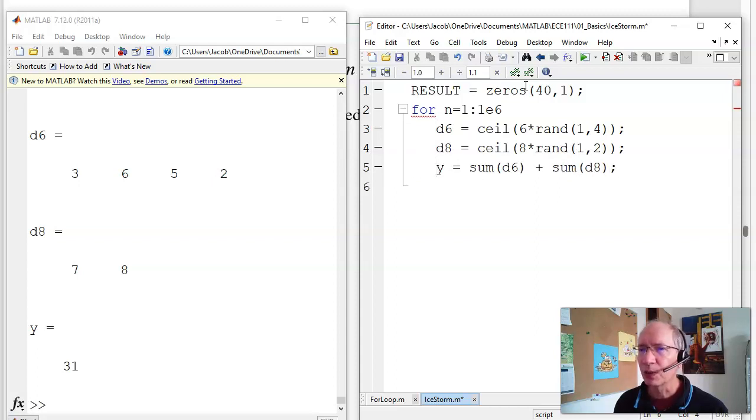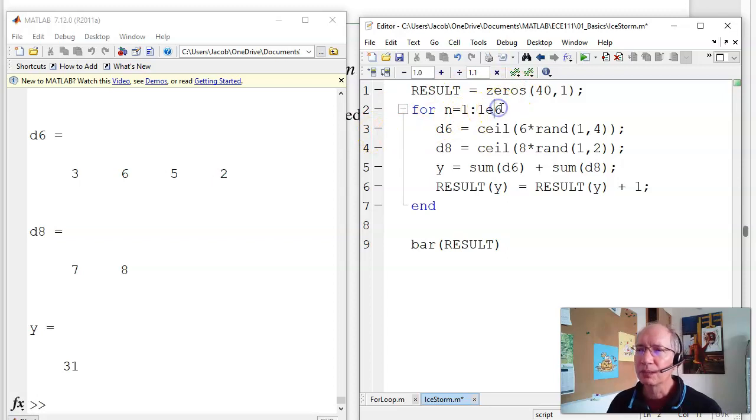So here's a for loop. I'm going to run it 100,000 times, and keep track. If I rolled a 17, result of 17 is incremented by 1. If I did a 31, result of 31 is incremented by 1. Then do a bar chart.